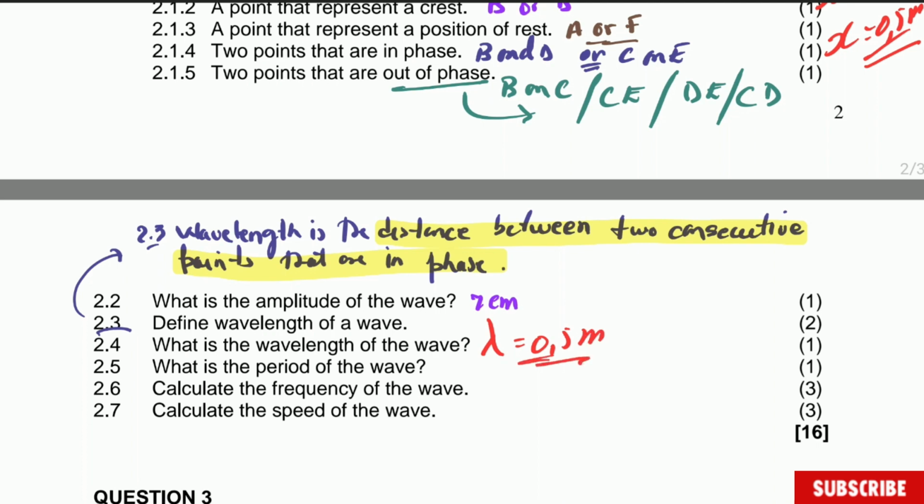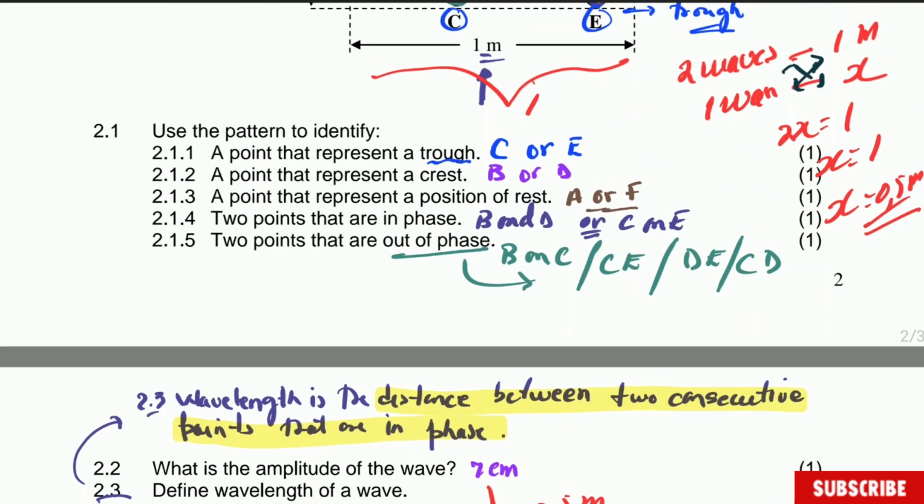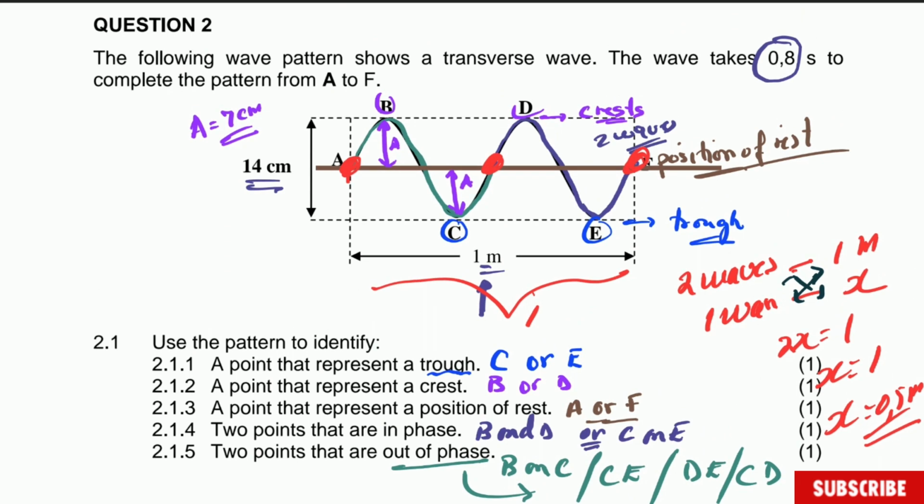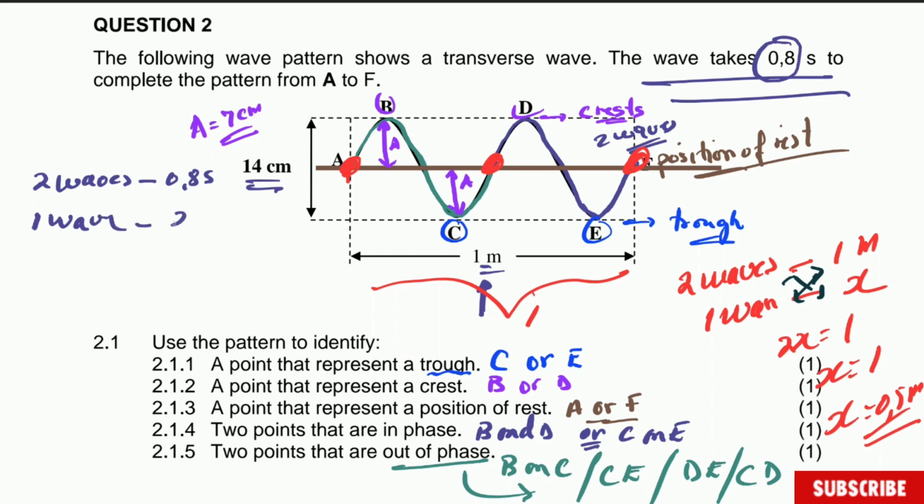What is the period of the wave? Now, period of the wave, remember, what is period? It is the time for one complete wave, same as we did just now. If two waves will take 0.8 seconds according to the data you have there, then one wave, how long will it take?